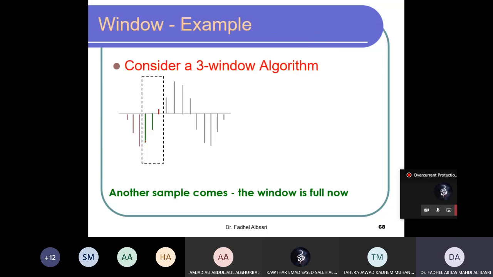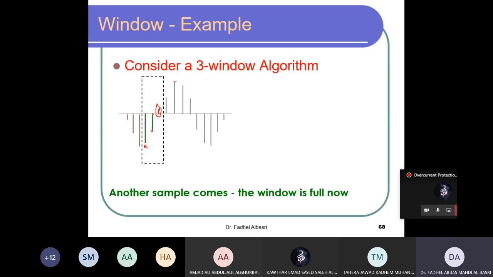For example, here I have these 3 samples. The red one is the newest in the window, and this is the oldest. I want to use these 3 samples to estimate the peak that will come of this signal.